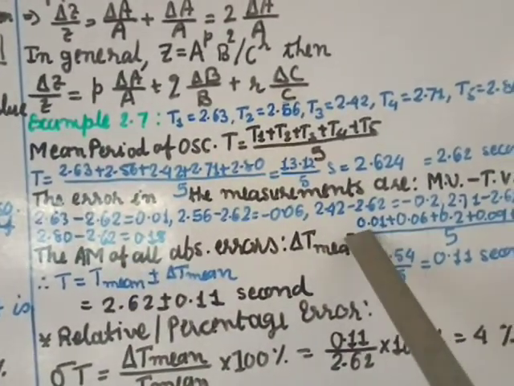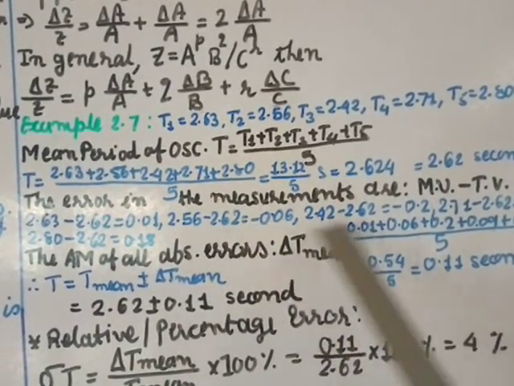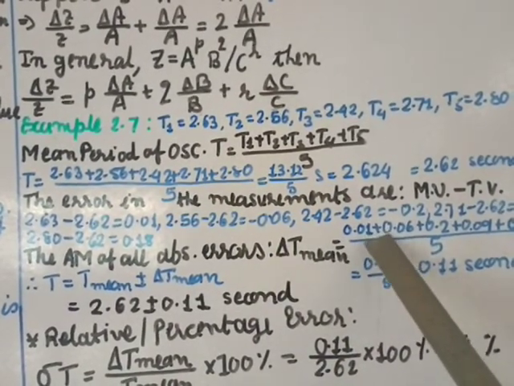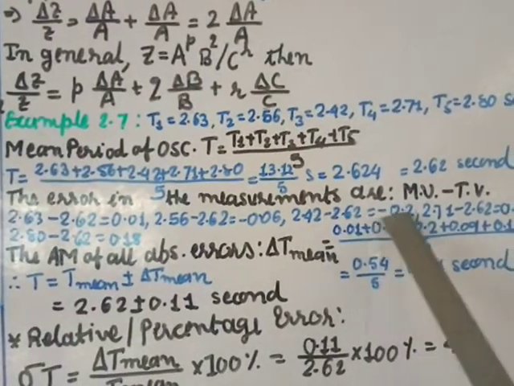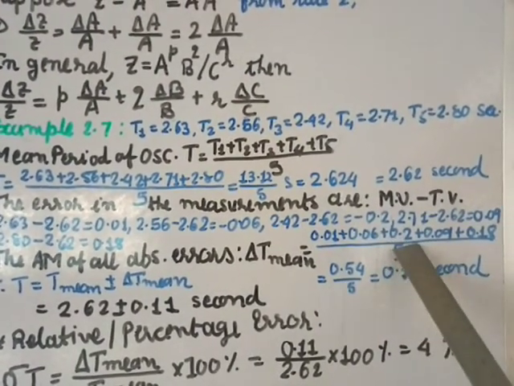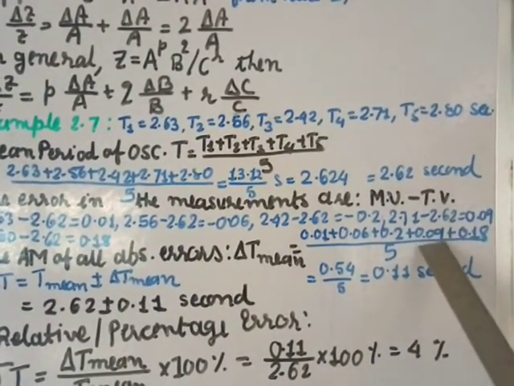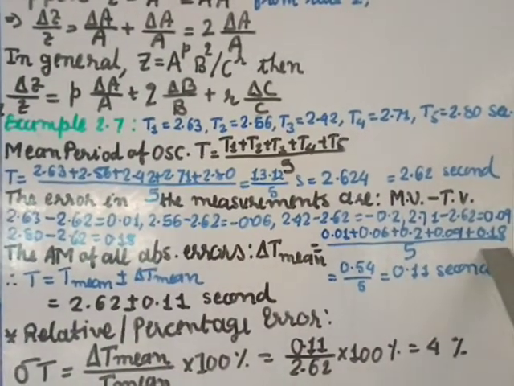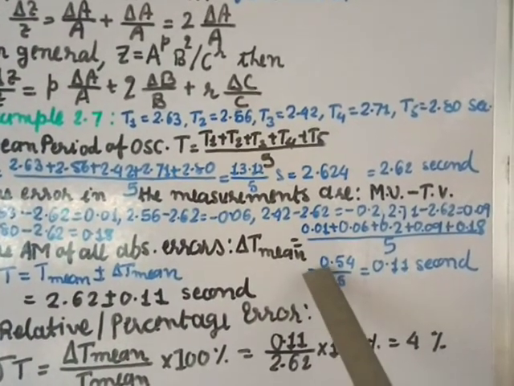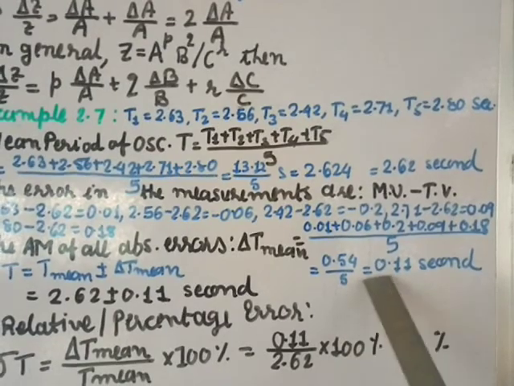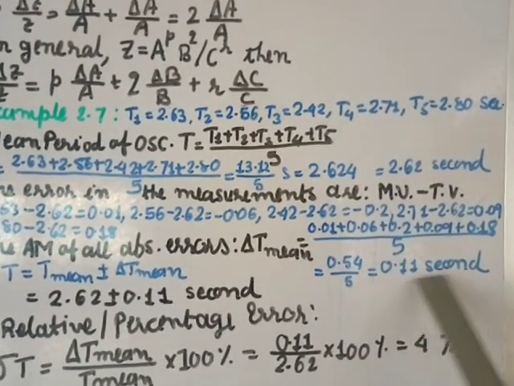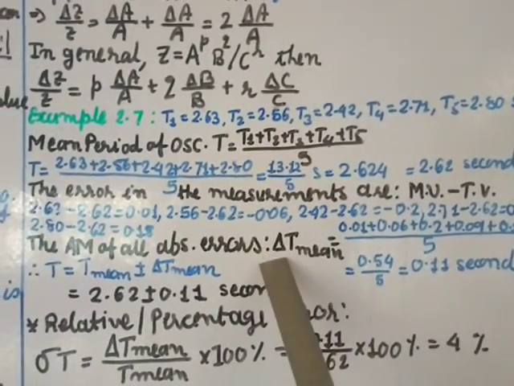So 0.01 plus, this is negative, right? But I am taking the absolute value, so plus 0.06. This is also minus 0.20, but I'll take plus 0.20. Plus this one is positive 0.09, plus this one is also positive 0.18, by 5. Sum these together, you get 0.54 by 5, and dividing you get 0.11 seconds. So that is delta T mean.